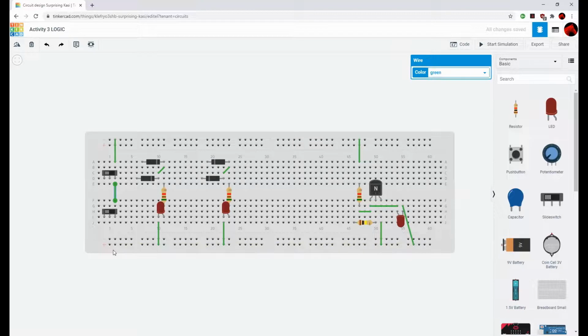Ignore the plus and minus, I didn't notice those very faint markings until just now. The top rail is going to be positive and the bottom rail is going to be negative.